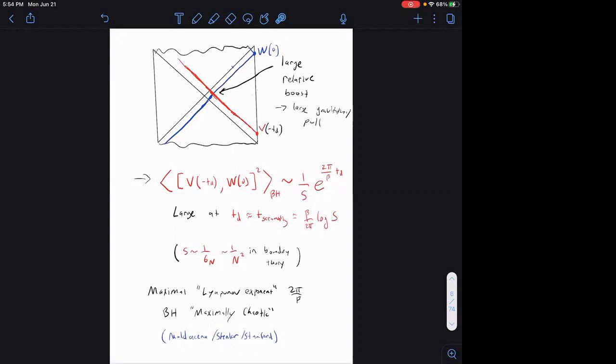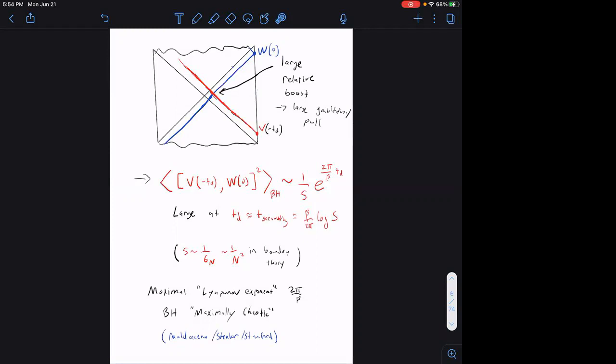The horizon will grow enough so that W gets sucked back into the black hole and no longer reaches the boundary. So this is the sense in which black holes exhibit the butterfly effect: perturbations thrown into the black hole will have a large effect on things which were supposed to come out at a finely tuned time.